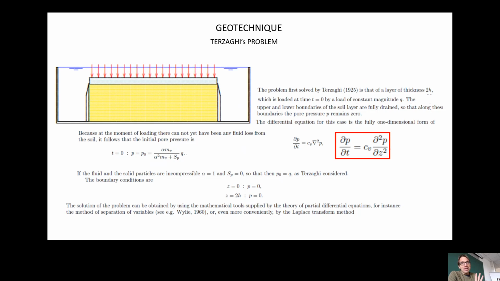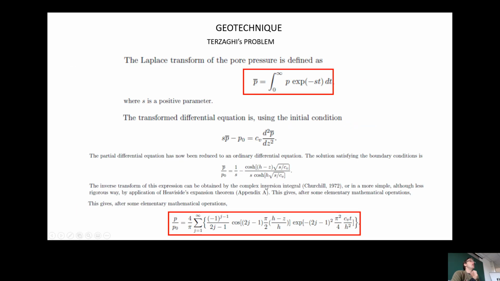I'm not entering again into details, but what I want to say is that we have this equation and these boundary conditions. So let's see what happens. We again use the Laplace transform for the pore pressure, and we can transform the differential equation using the initial condition as this.